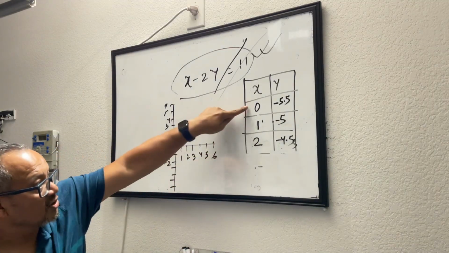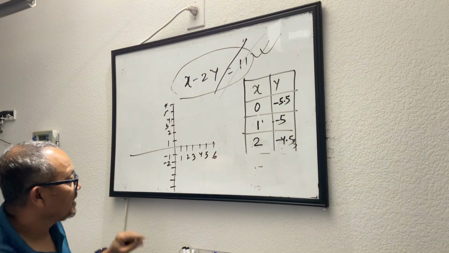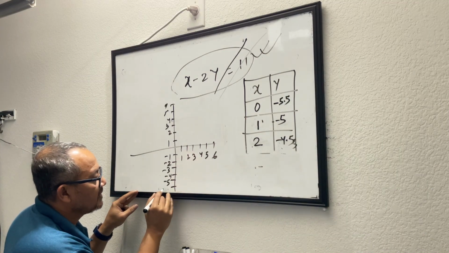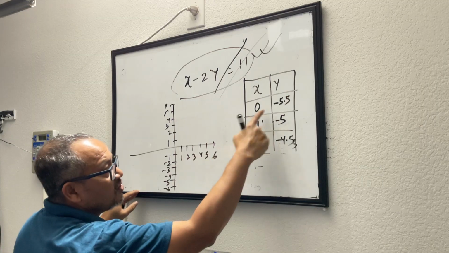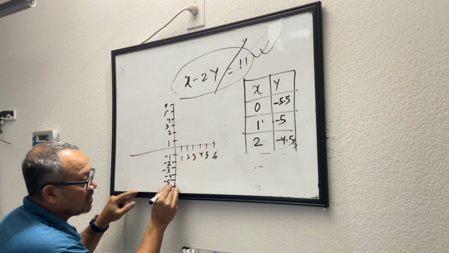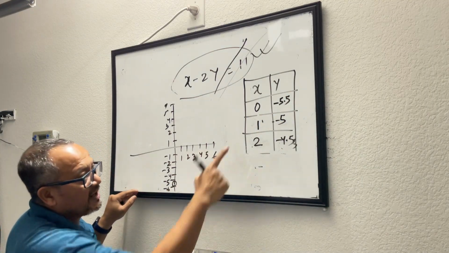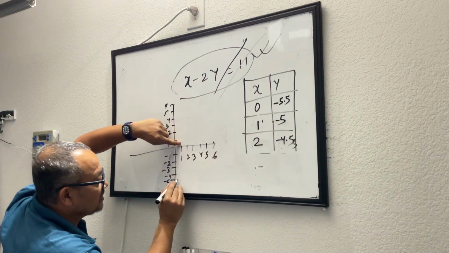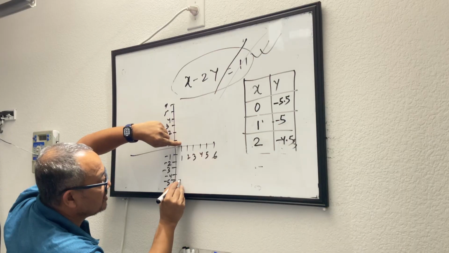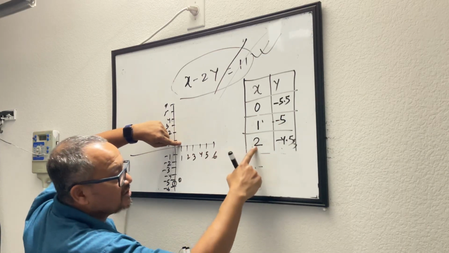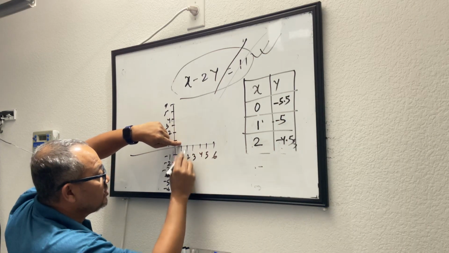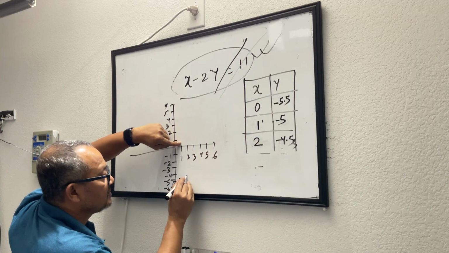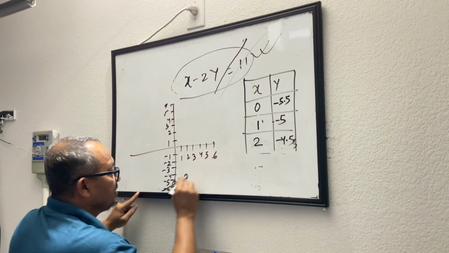Now, when x is 0, y is minus 5.5. I'm talking about this point. When x is 1, y is minus 5, somewhere here. When x is 2, this is minus 4.5, somewhere here. See?